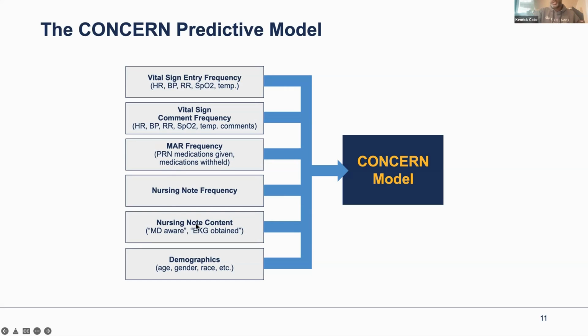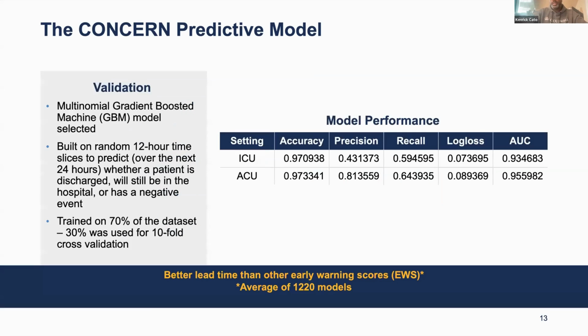We're also using natural language processing to look at nursing note content. And this is what goes into the model. So we were able to produce a set of well-performing models, using a decision tree-based modeling approach.